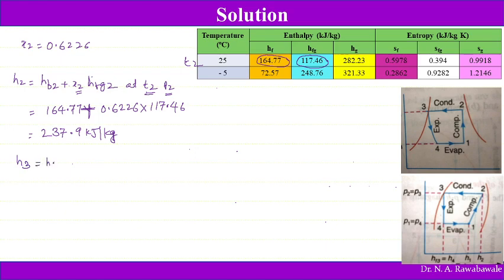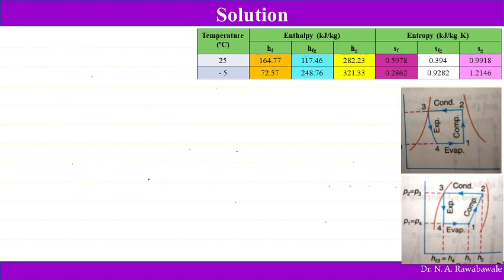So now we know H1, we know H2, and we can find out H3. H3 is equal to H4, and that is nothing but HF3 at temperature T2 equal to 25 degrees Celsius. HF3 at 25 degrees Celsius is 164.77 kilojoules per kg. Now we can find out the refrigerating effect and work done. First of all, we have the values of H1, H2 and H4, that is nothing but H3.